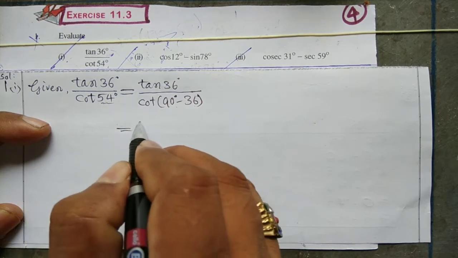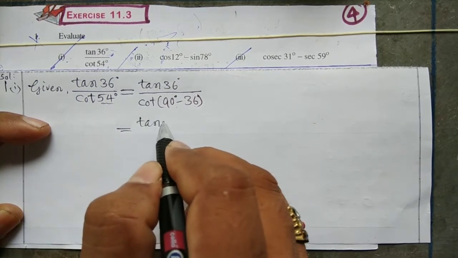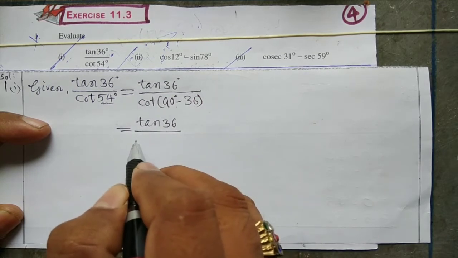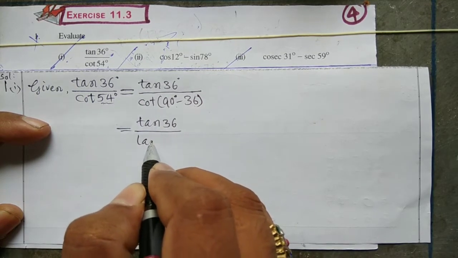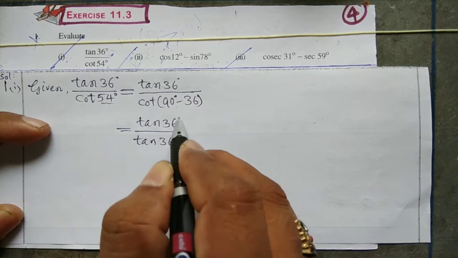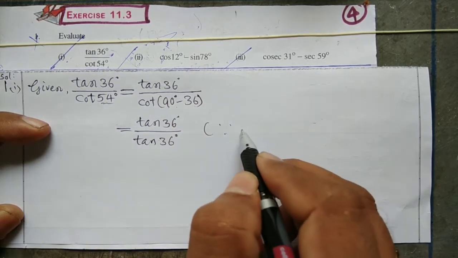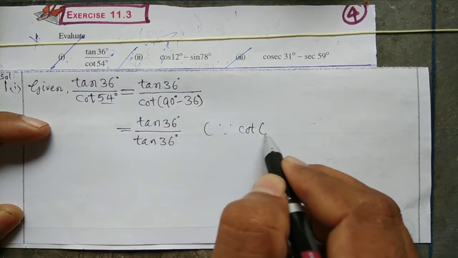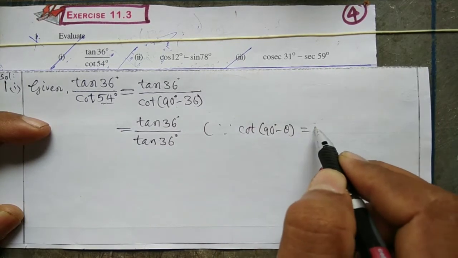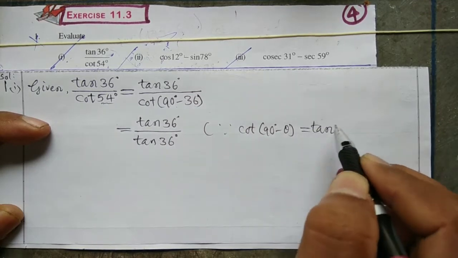Now tan 36 by, we can write tan 36 degrees, because cot 90 minus theta is equal to tan theta.